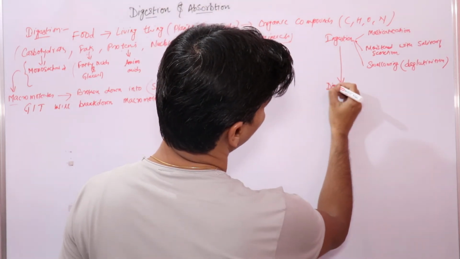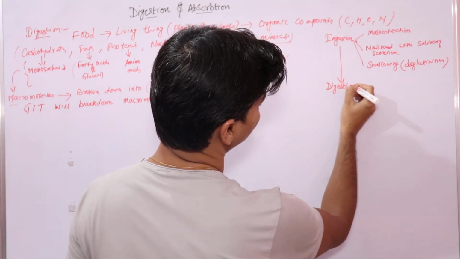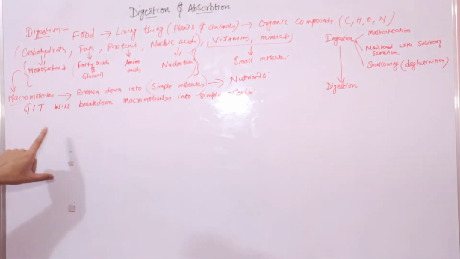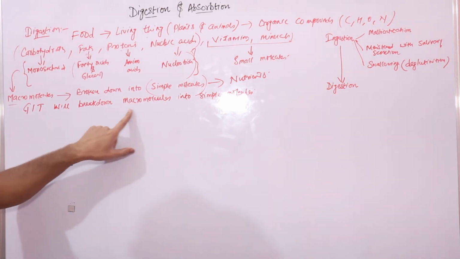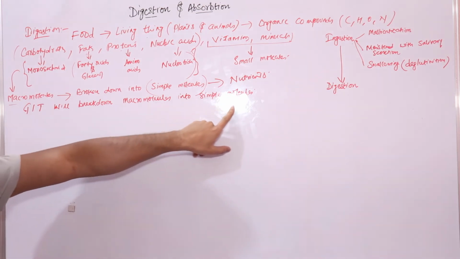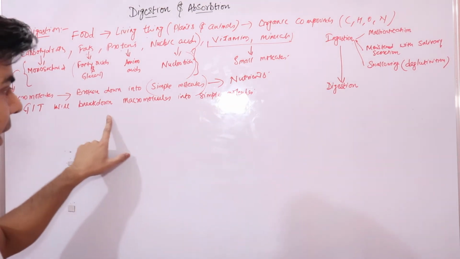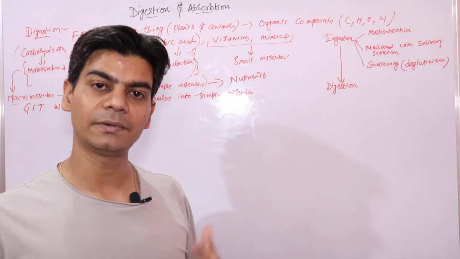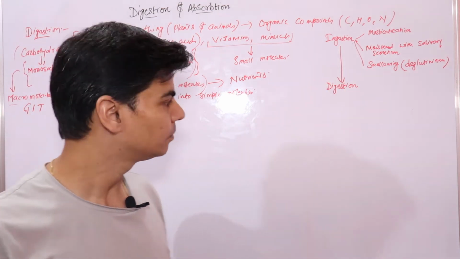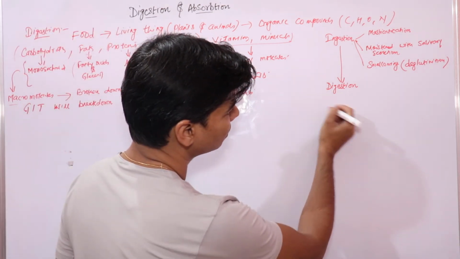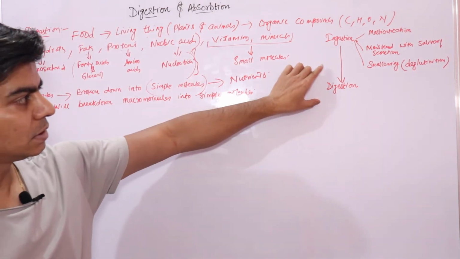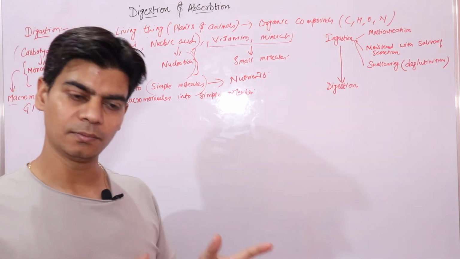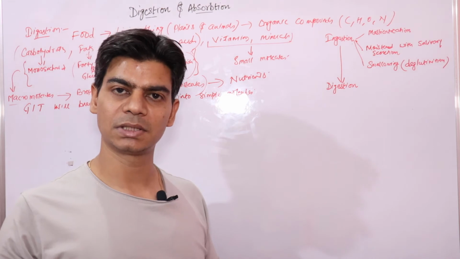So here you have digestion. We have understood what digestion is, and this GI tract will break down macromolecules into simple molecules. The GI tract will do digestion. The swallowed food will be pushed into the digestive tract.